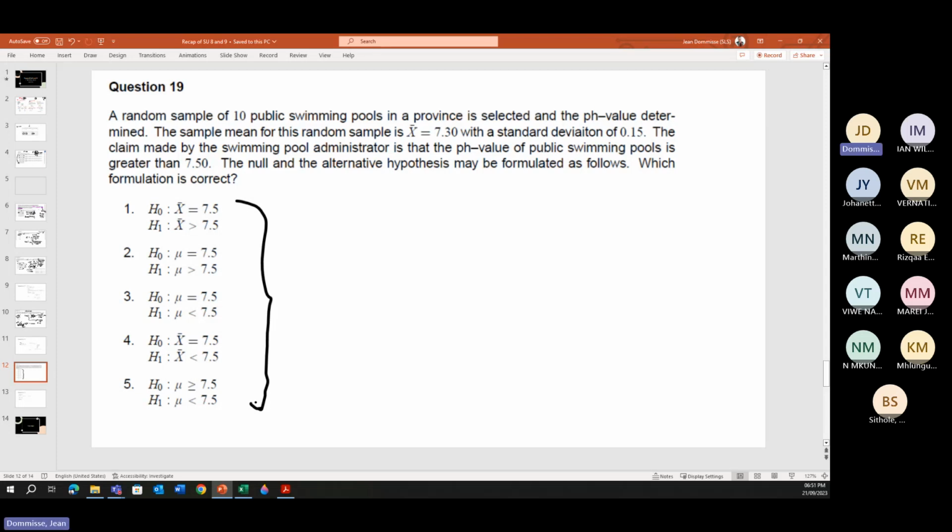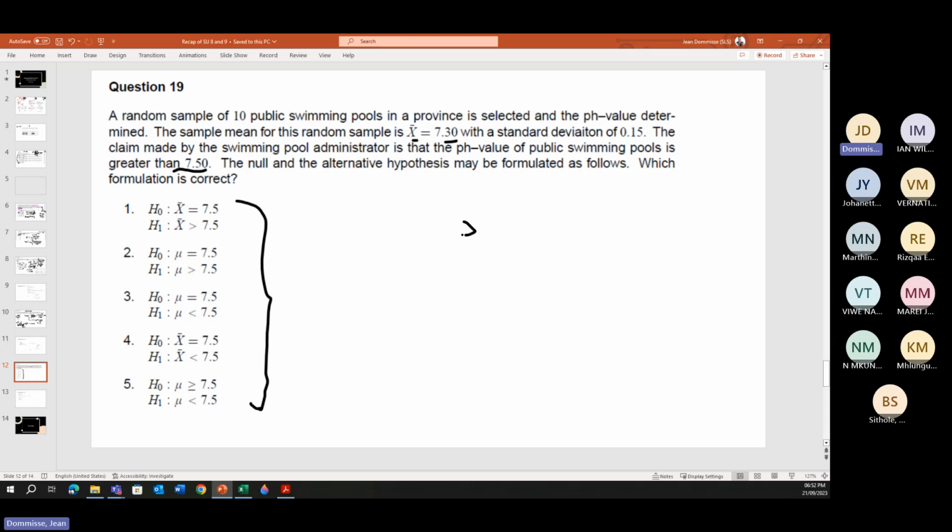So let's quickly check what we need to really work out. Okay, so a random sample of 10 public swimming pools, blah, blah, blah, blah. The sample mean for this random sample, X is equal to 0.3 with a standard deviation of 0.15. The claim made by the swimming pool administrator is that the pH value of public swimming pools is greater than 7.5.